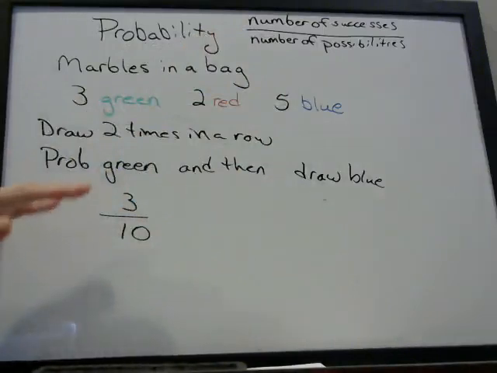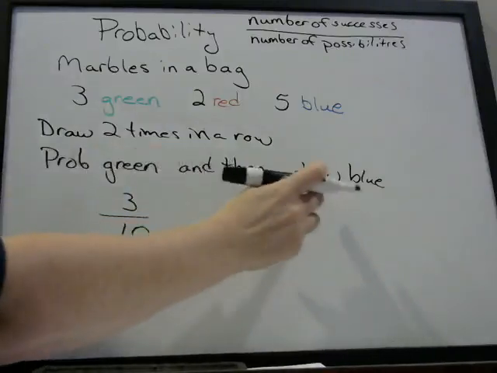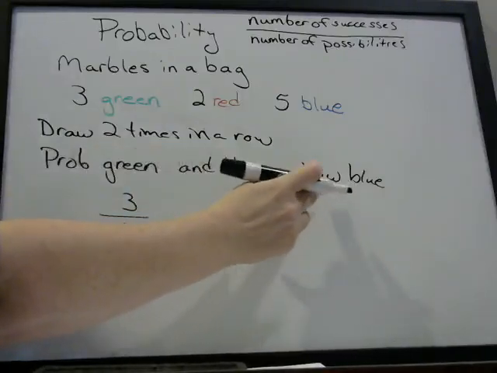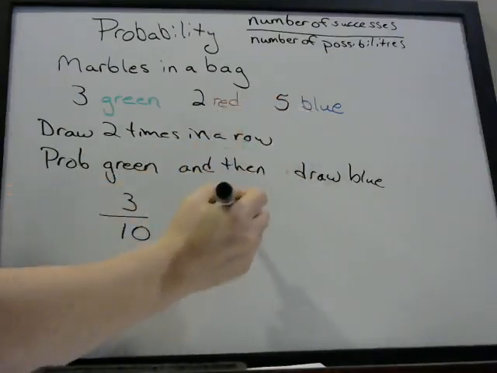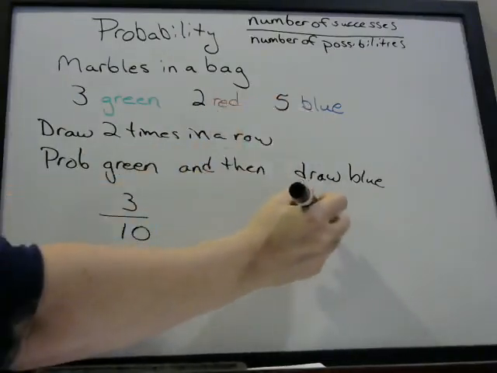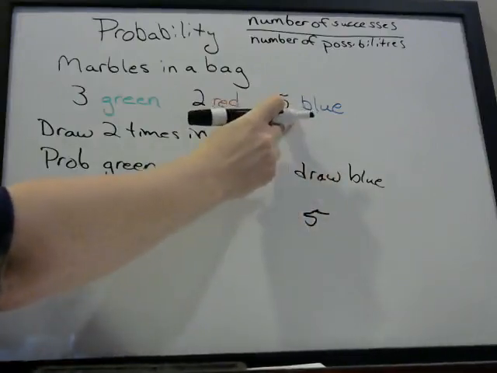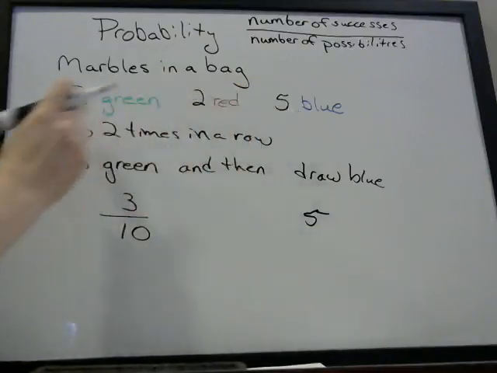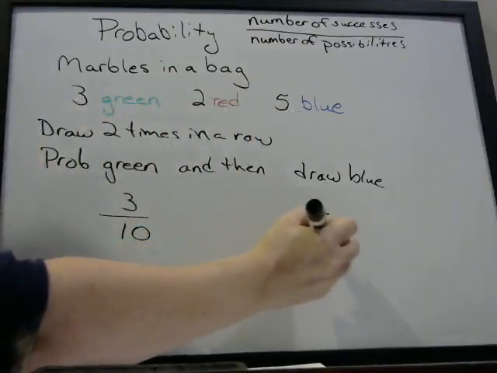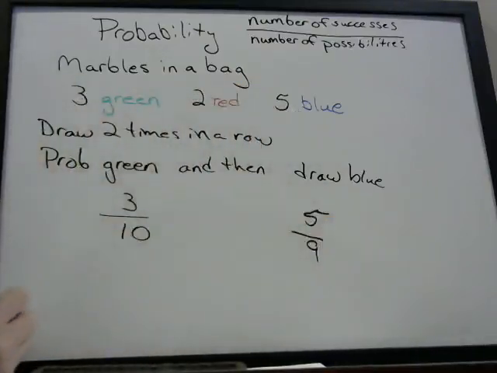But then we're going to hold on to whatever marble we get. We're going to hold on to it and draw a blue. Well, we're going to try and draw a blue. So what's the probability of then drawing a blue? Well, there's 5 blue marbles. But remember, we've taken a marble out, so there's not 10 marbles in there anymore. There's only 9.